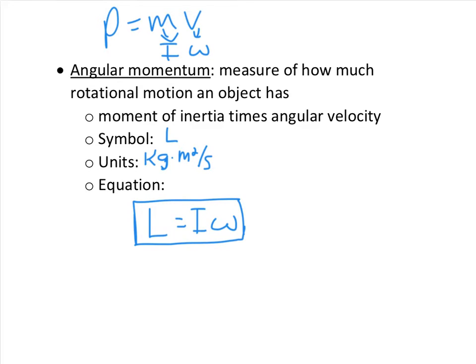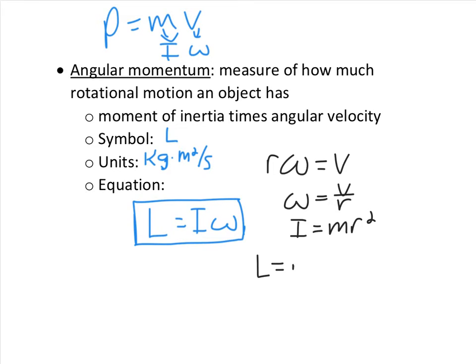But just to show you, a reminder that r omega equals your linear speed, so omega equals v over r. If we're dealing with a point mass, your moment of inertia equals mr squared.